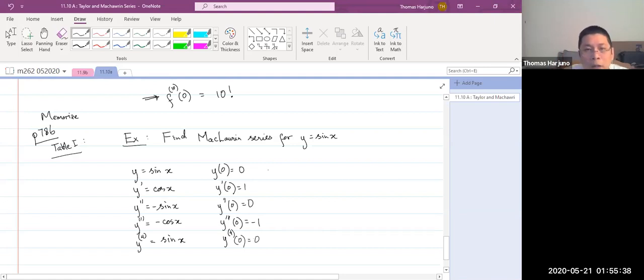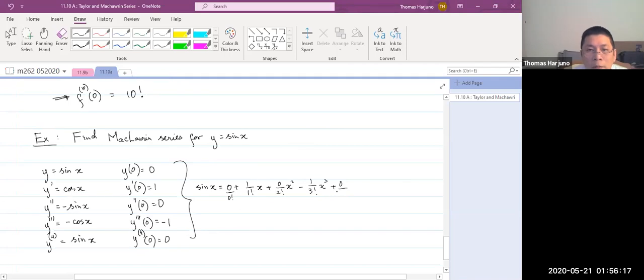So if I write the pattern, I will get sine x is equal to 0 over 0 factorial, plus 1 over 1 factorial x, plus 0 over 2 factorial x squared, minus 1 over 3 factorial x cubed, plus 0 over 4 factorial x to the 4, plus 1 over 5 factorial x to the 5th, and on.